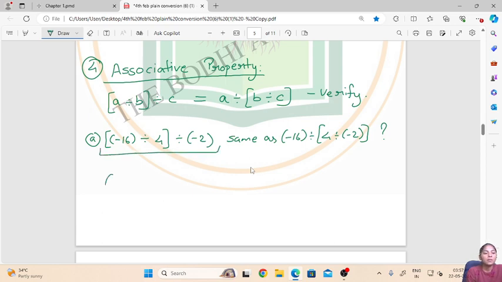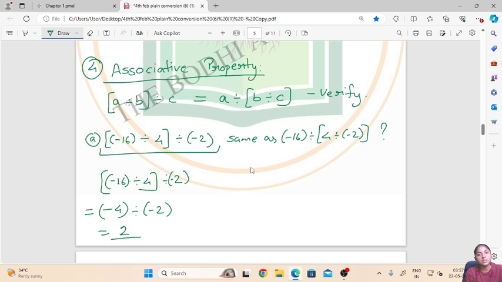So we have -16 divided by 4 divided by -2. First we have to divide this, so we will get the answer as -4, which is divided by -2. So minus minus will get cancelled and 2 2s are 4. So we will get the answer as 2.